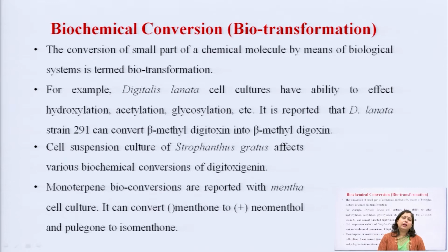If we plant a seed and wait for it to grow until it matures, some trees take many years to grow. So it becomes a very long process to get the active pharmaceutical ingredients.